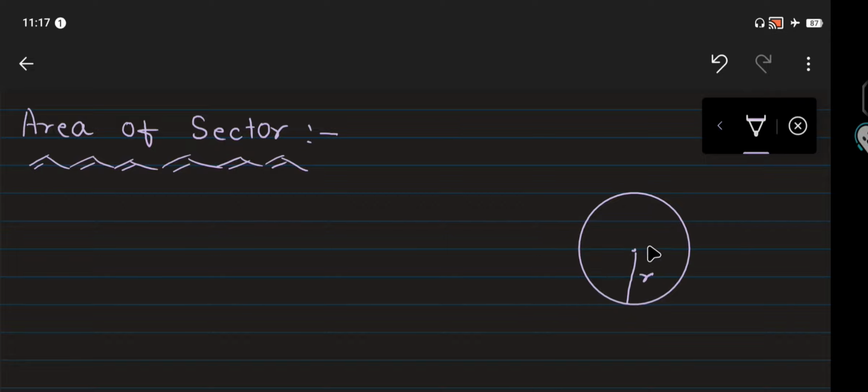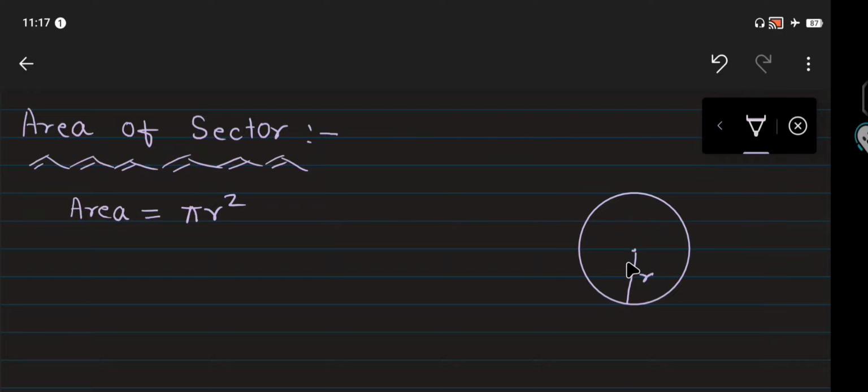So the area of this circle will be pi r square. We know it from our previous classes.